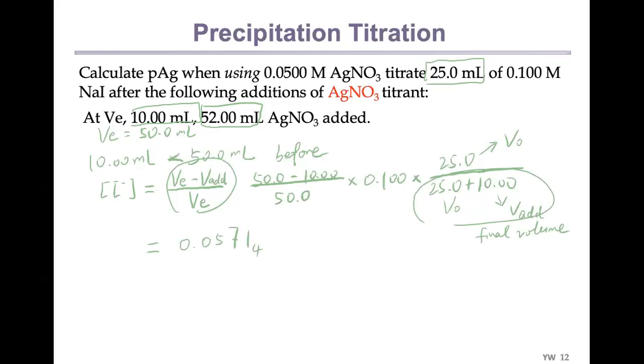Okay, so this is our iodide, but what we're looking for is silver, right? How do you get silver? Ksp divided by 0.0571. Yes. So by using the solubility product, which is 8.3 times 10 to the negative 17 divided by this.